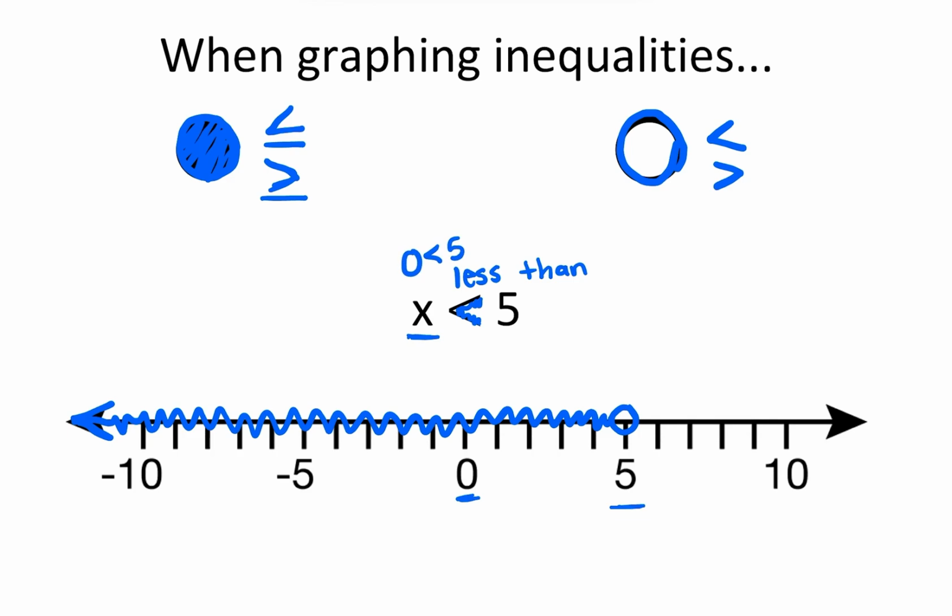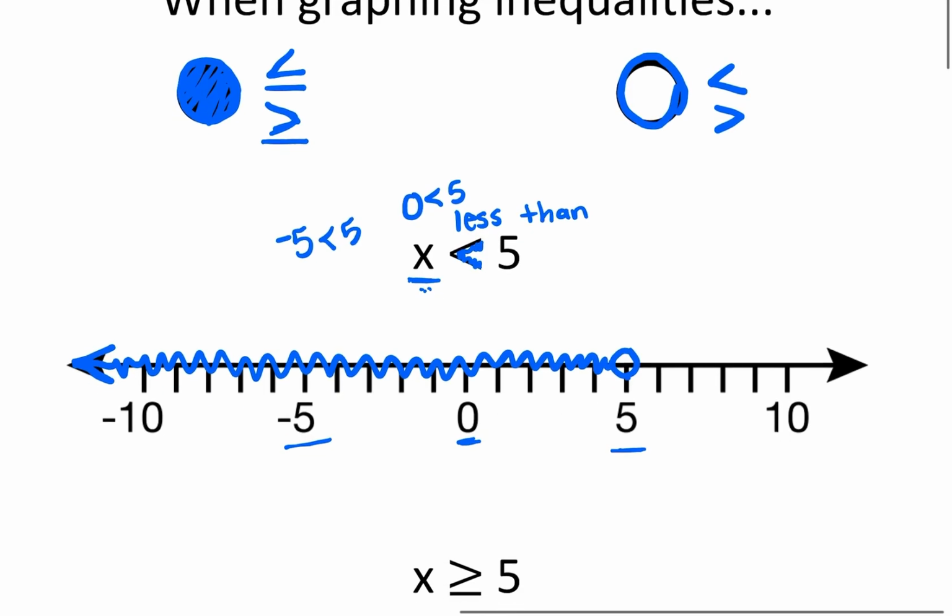Yes, it is. That works. Is -5 less than 5? Yes, it is. So anything in my shaded part can be an x. Nothing that's not shaded can. So that's why we also don't have the circle shaded, because 5 is not less than 5. So 5 doesn't count. It's below 5.